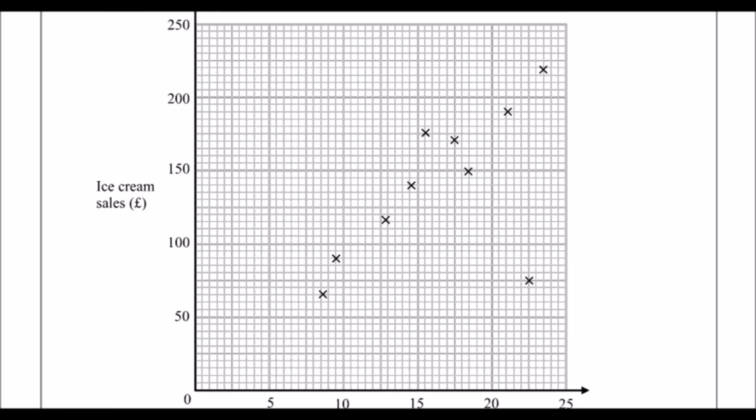So with a scatter graph, we can draw a line of best fit, as long as there is a correlation. And there is a positive correlation. So it's going up, from left to right going up. That makes it a positive correlation. And we can draw a line of best fit with approximately the same number of points on each side.